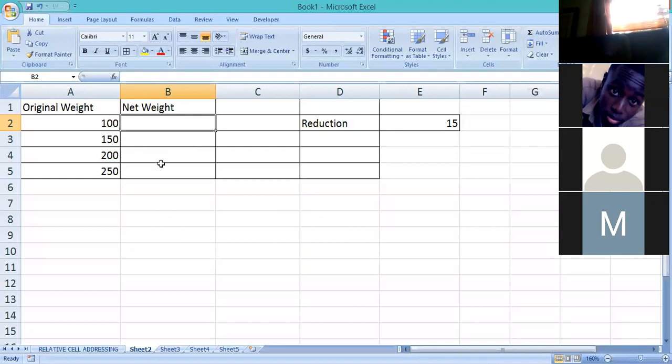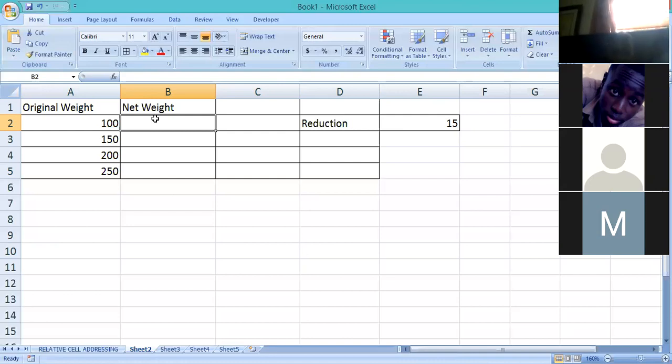All right? What would be the formula to take away the 15 from the first one? Anybody? Come on, guys. What would be the formula? You're taking away this from this.